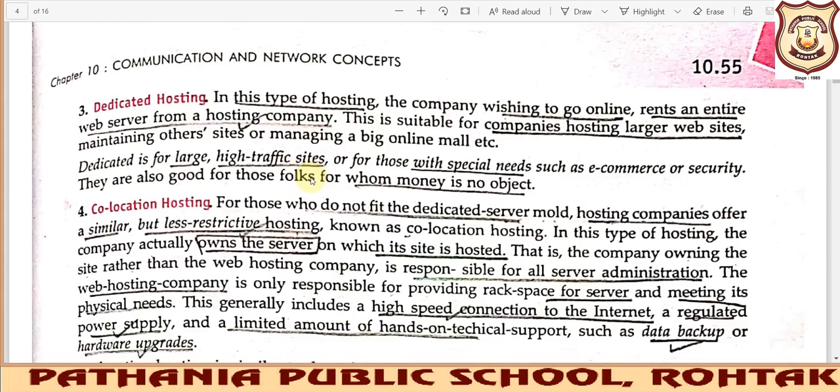So next comes dedicated hosting. In this type of hosting, the company wishing to go online will take the entire web server from a particular hosting company. Like from GoDaddy I will purchase the entire web server because my website is going to be very big, so I will purchase the whole server.